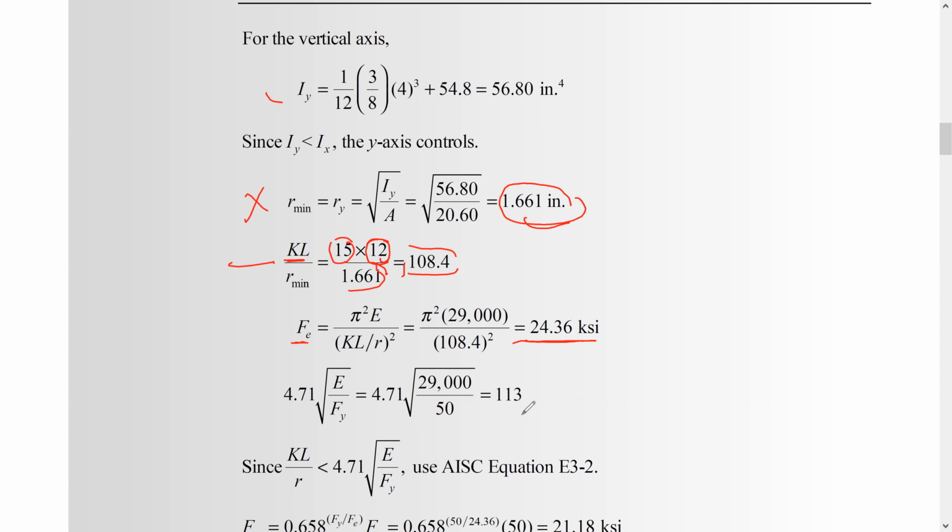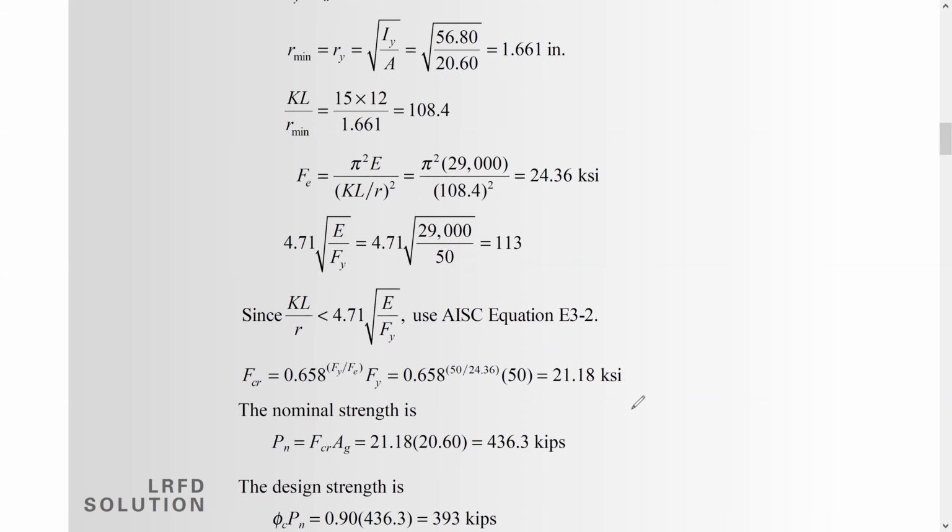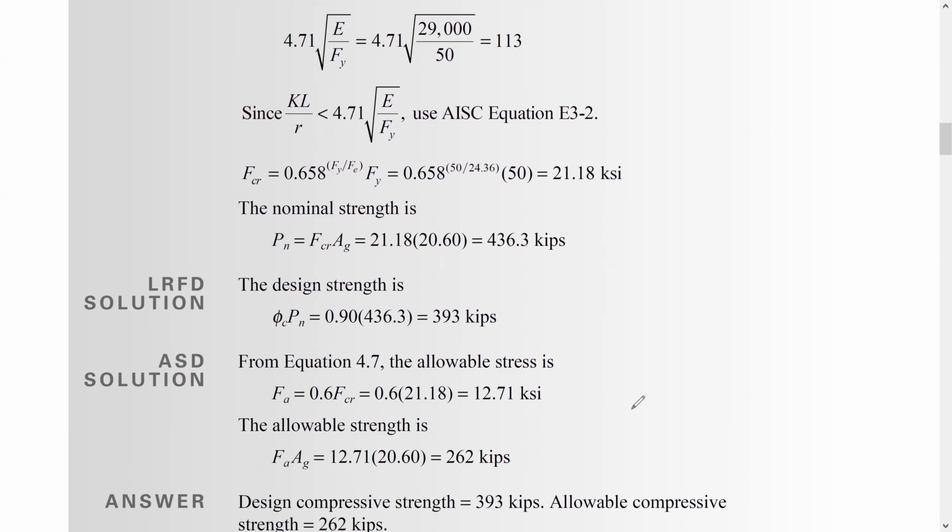So here we need to decide if the column is elastic or inelastic. So 4.71 times the square root of 29,000 dividing by Fy, or yield stress, which is 50 ksi. This is 113, and since the slenderness ratio is less than this limit, we do have an inelastic column. So if we have an inelastic column, we're going to use these formulas.